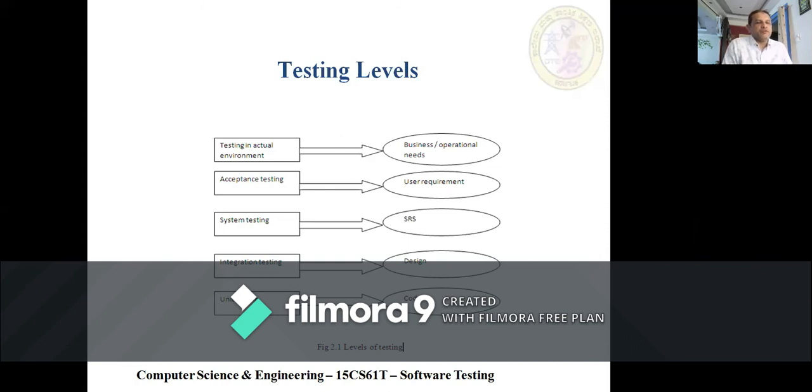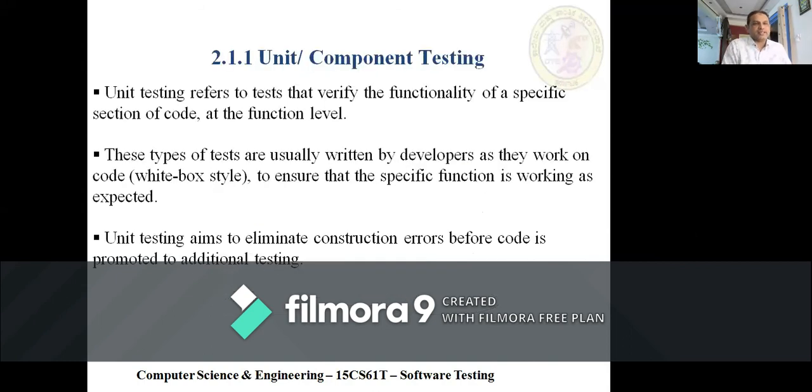Unit testing, when we are writing code. Integration testing, when the design is implemented. System testing is at the software requirement specification. Acceptance testing we do at the user requirement. And the testing in actual environment, we call that business or operational needs. Yes, fine.